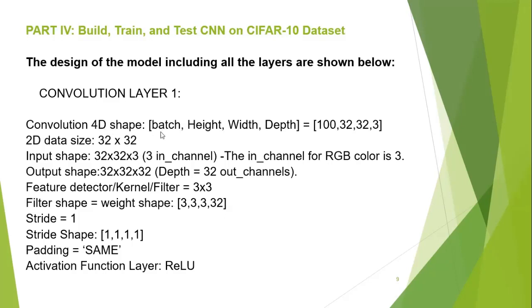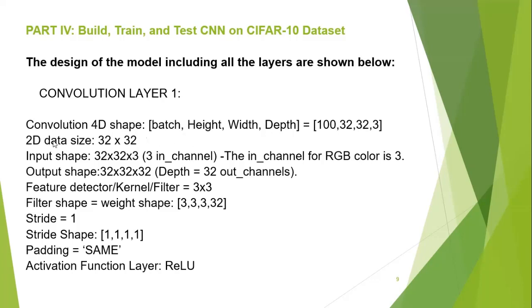Here the 4D shape of the image is 100 by 32 by 32 by 3. This means the batch is 100, the height is 32, the width is 32, and the depth of the image is 3, and this 3 is for color, for RGB.